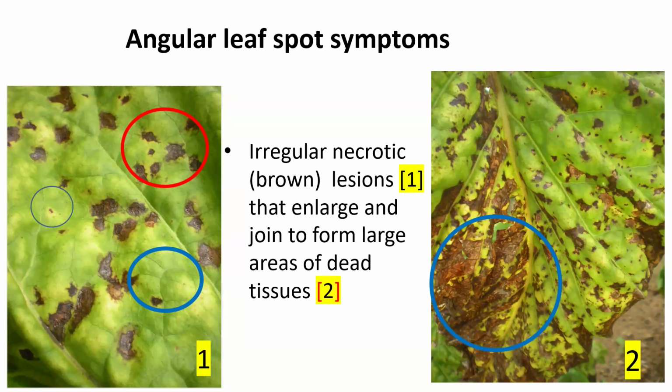So that's angular leaf spot. Basically, it's irregular necrotic lesions, start off very small, then they build up, become very big, join together, and then ultimately you get the whole leaf turning brown, full of dead tissues. So you can see that leaf is no longer good for anything if it gets to that.